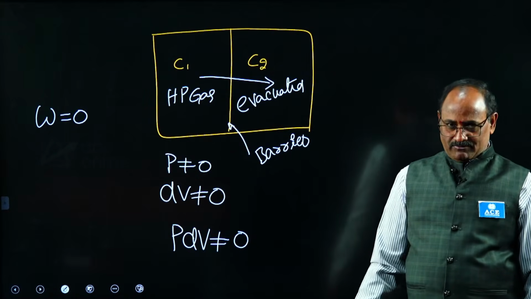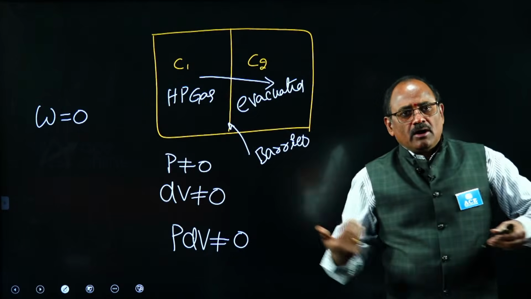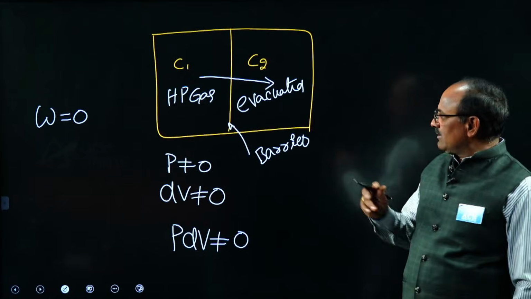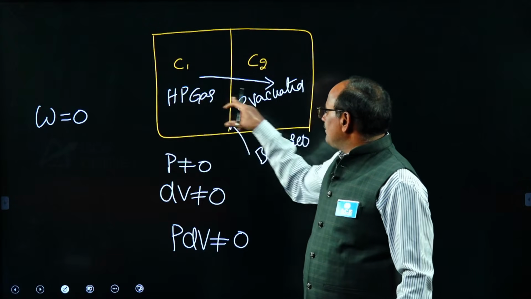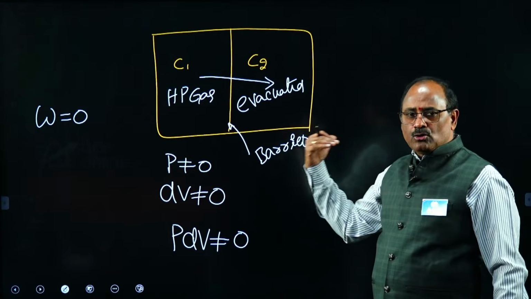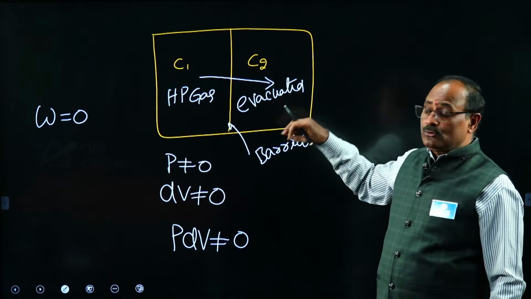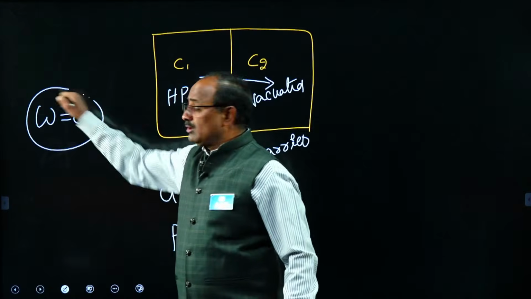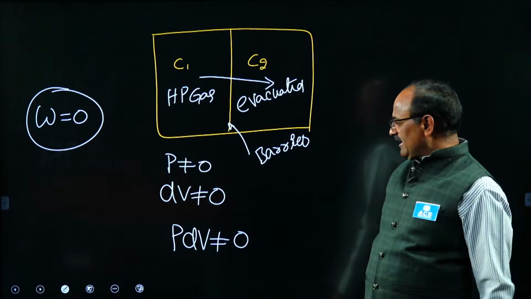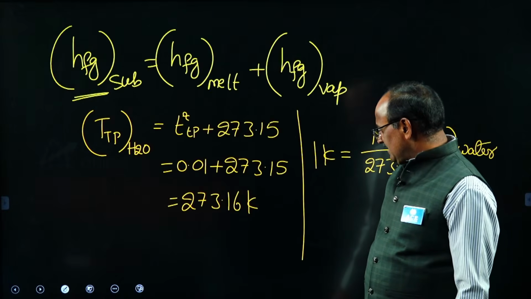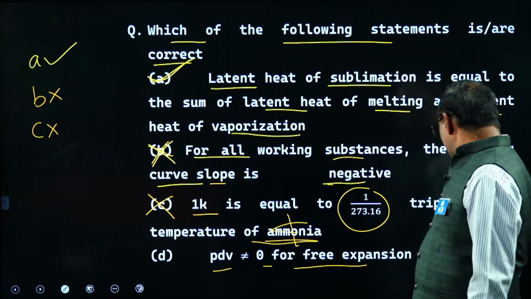While the gas particles are freely flowing from the high pressure compartment to the evacuated region, no mechanical part is moved by the gas flow. That's why thermodynamic work is 0. Though thermodynamic work is 0, PdV is not equal to 0 for free expansion. That's why it is given as D. Look at D, PdV is not equal to 0 for free expansion process.